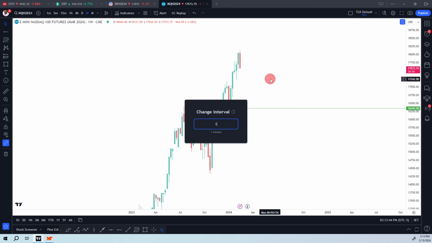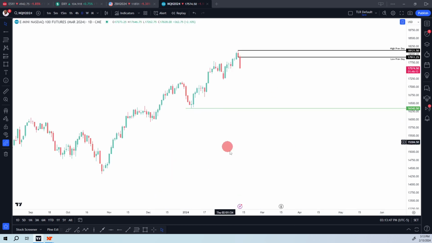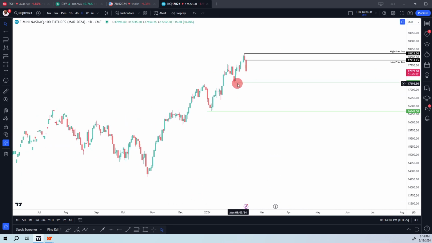All right, and then you go to the daily. That's a daily break in market structure right here, right? A daily break below this would be a bearish break in market structure on the daily.